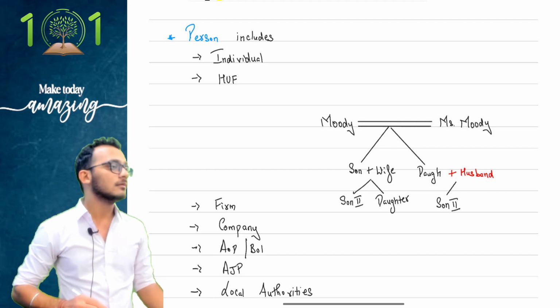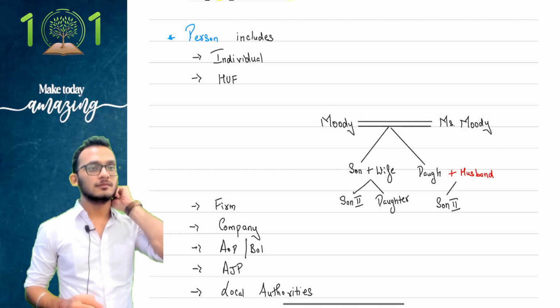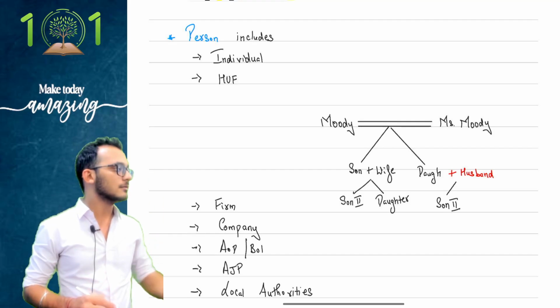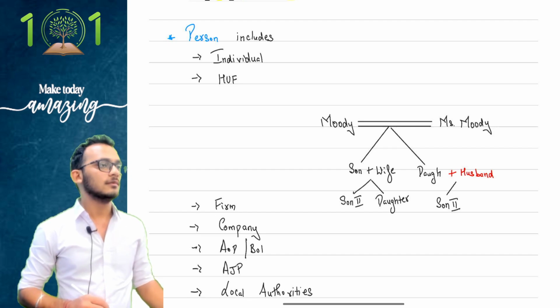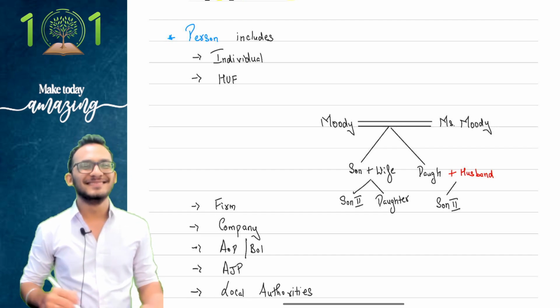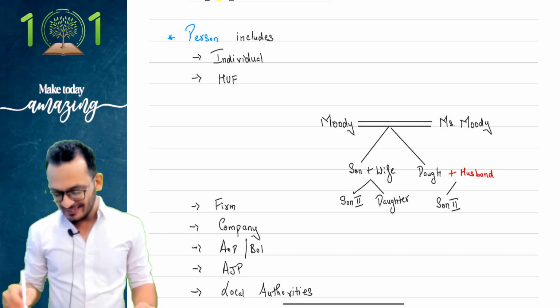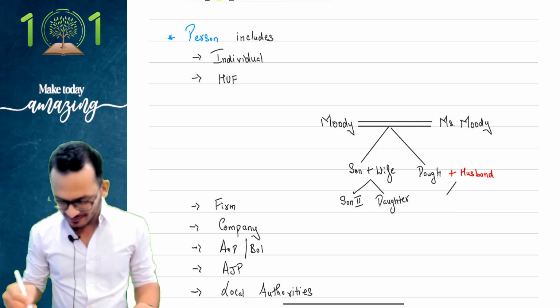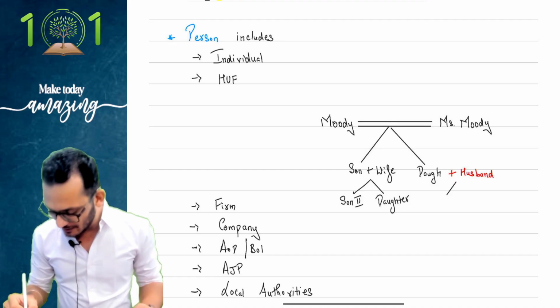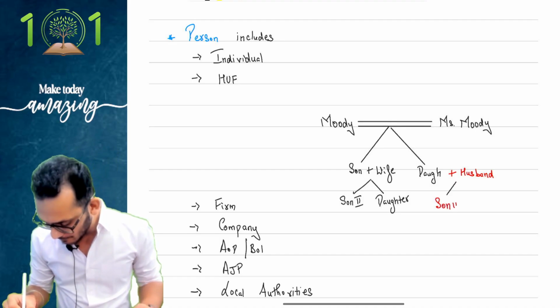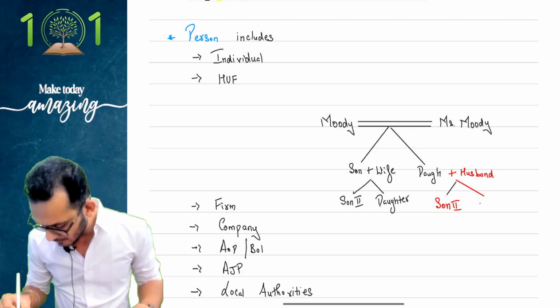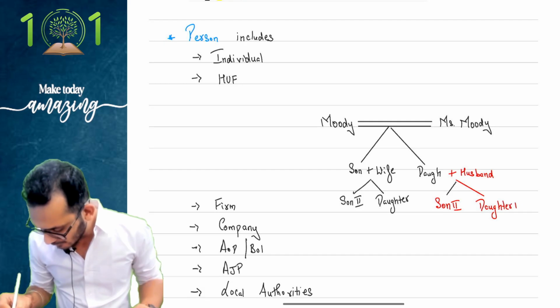Why? But the daughter is part of my family, no? Then people come and ask why feminism is an issue. So not a member. So the son of the daughter is not a member. Daughter 2 is also not a member.